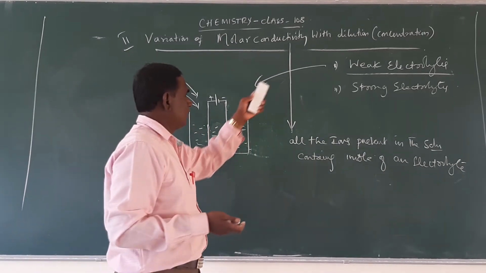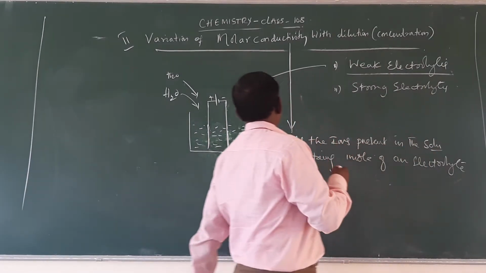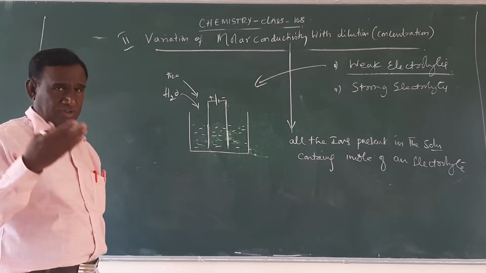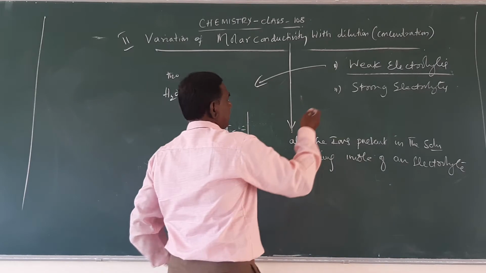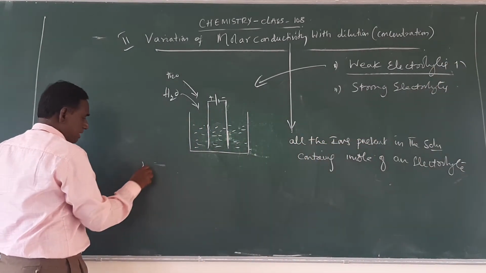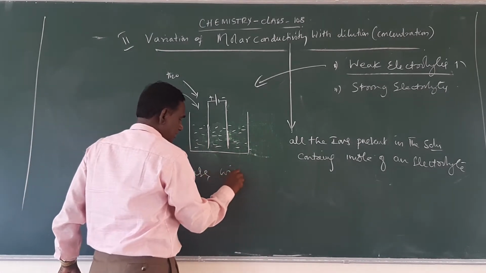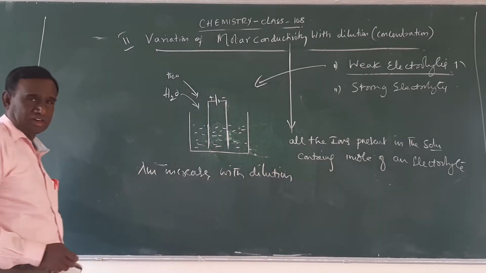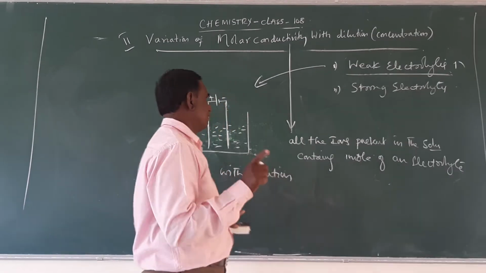Therefore, for weak electrolytes, molar conductivity increases. That is, lambda increases with dilution. Lambda means molar conductivity. Okay, that is the first case.